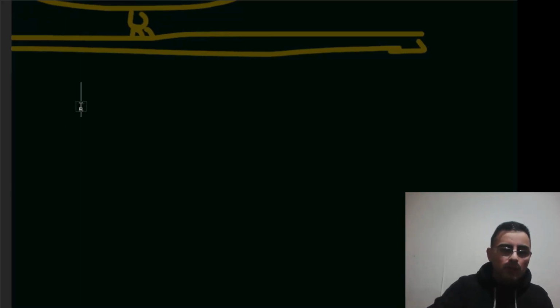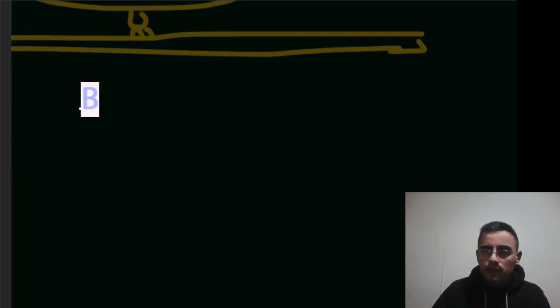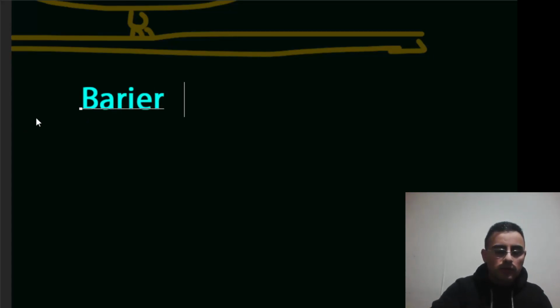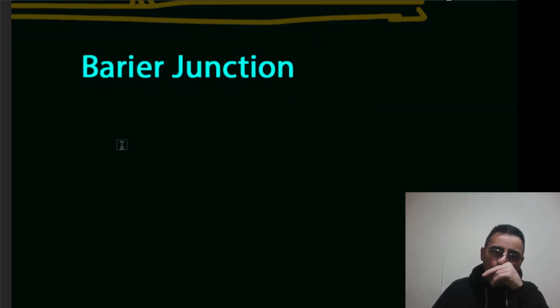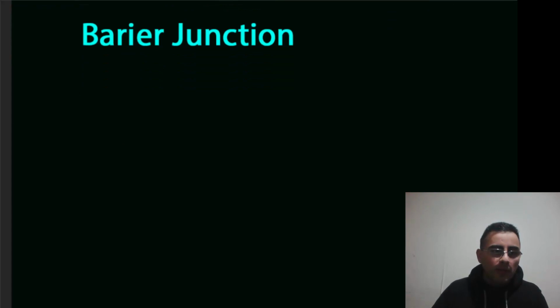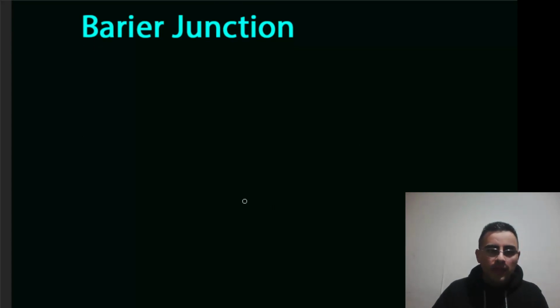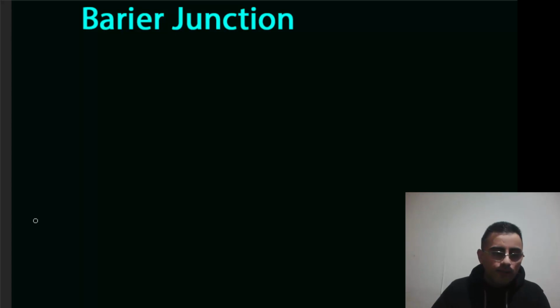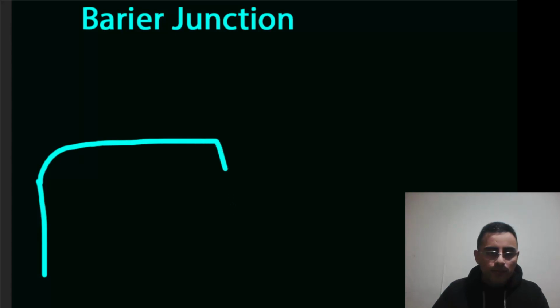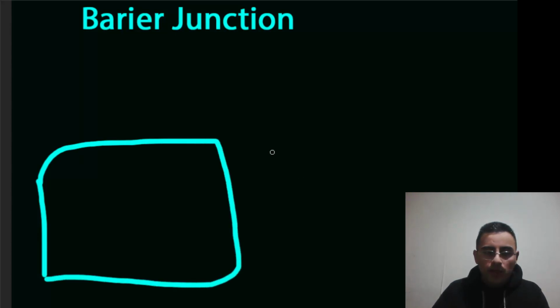First, the barrier junction. To understand the barrier junction well, let's paint an epithelial cell. A barrier junction is most commonly found in epithelial cells. Here is a cell, epithelial.